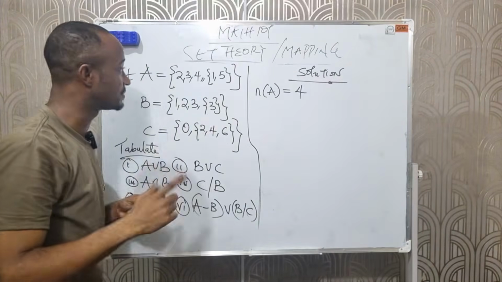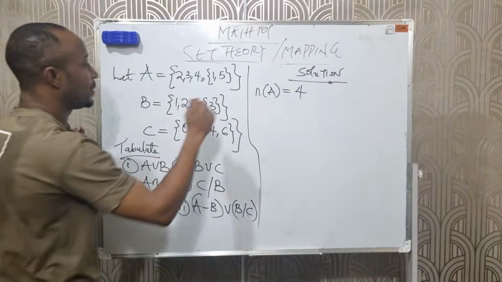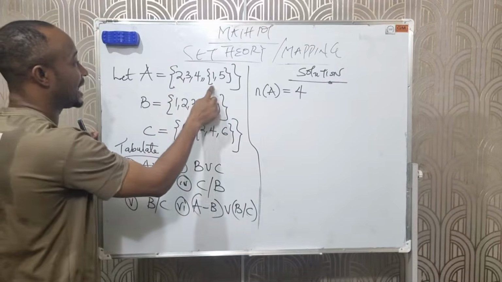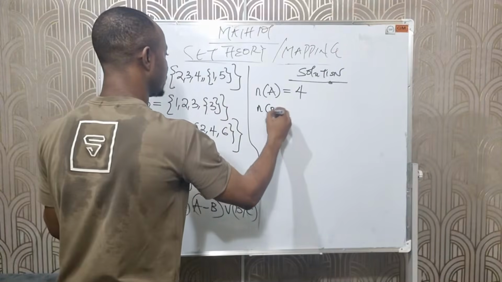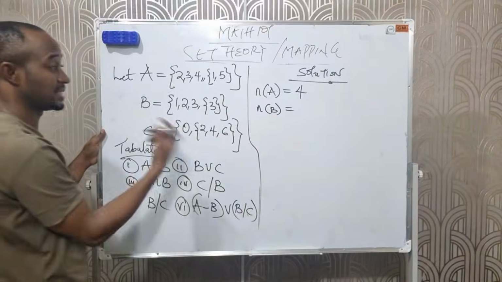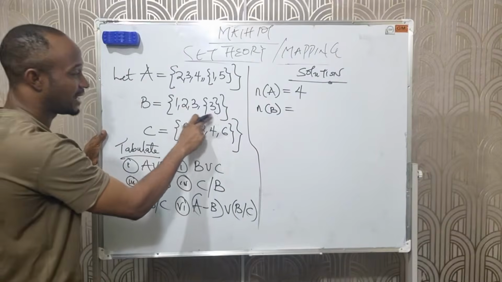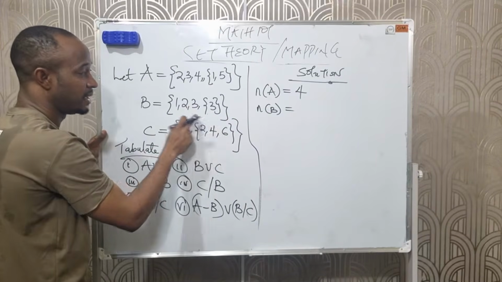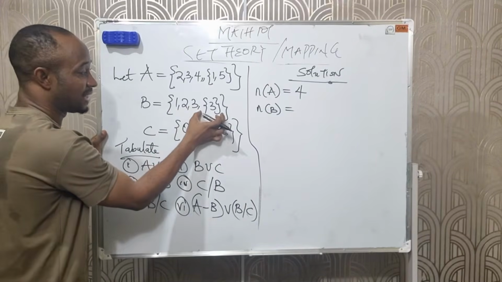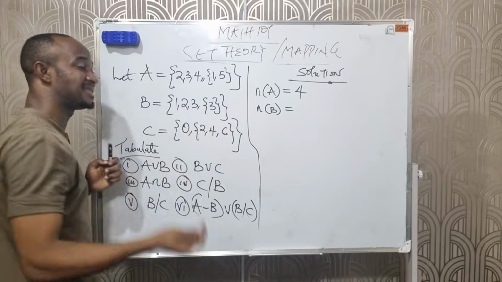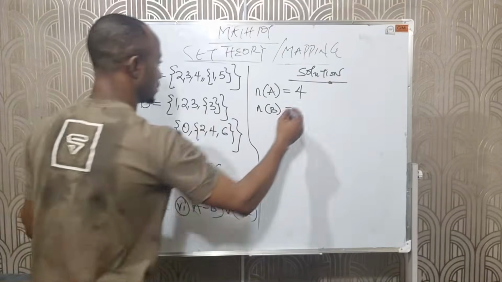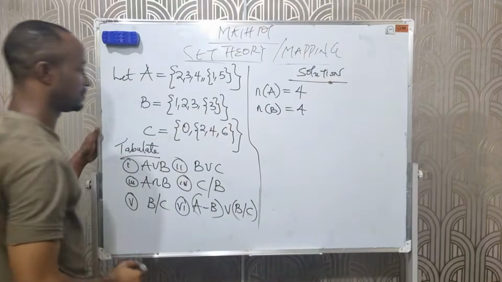Are you guys following? As one element. So here we have 1, 2, 3, and 4. For set B, the number of elements is the same thing, which is 1, 2, 3, and 4. Element 3 and this are not the same. This is a set located inside another set. So the number of elements in B is 4.